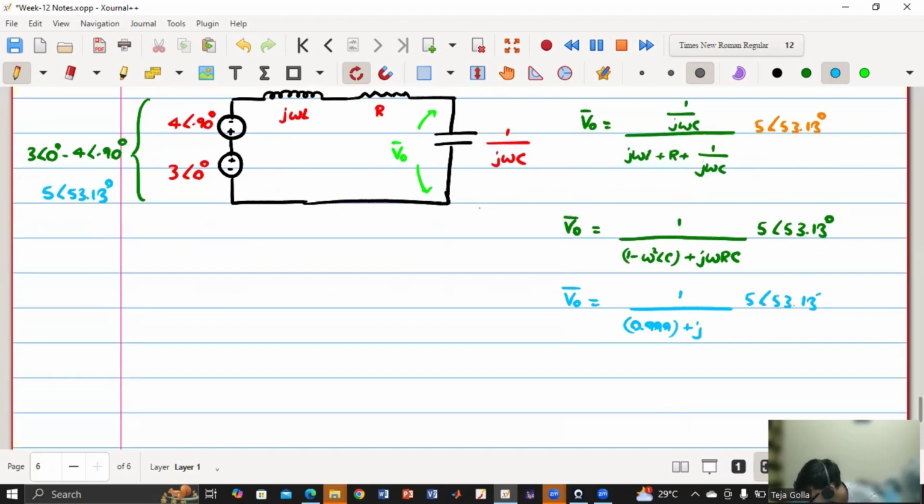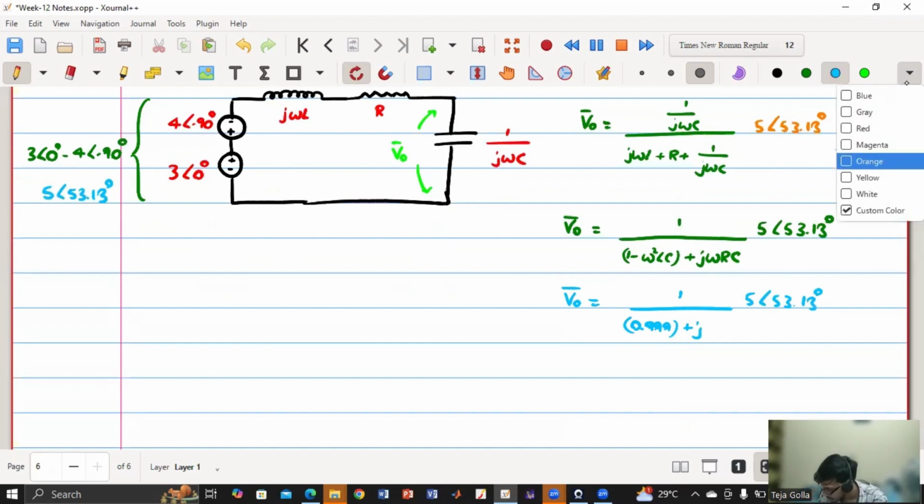Now can you calculate and tell me what V naught phasor we will be getting?